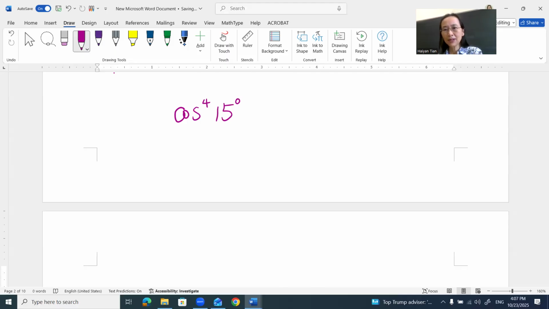We know that we can write it as square to a square, because the fourth power is essentially the same as cosine square 15 to the second power. So let's look at it this way. Let's handle the square first.